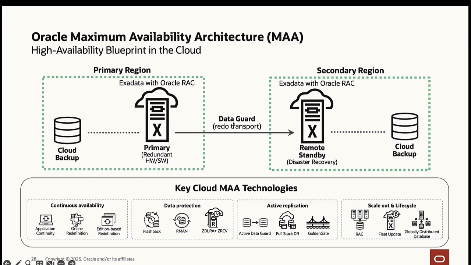So under the hood, what Data Guard is doing is taking your redo logs and copying them from your primary location to a secondary region, whether this is during a switchover or a failover.